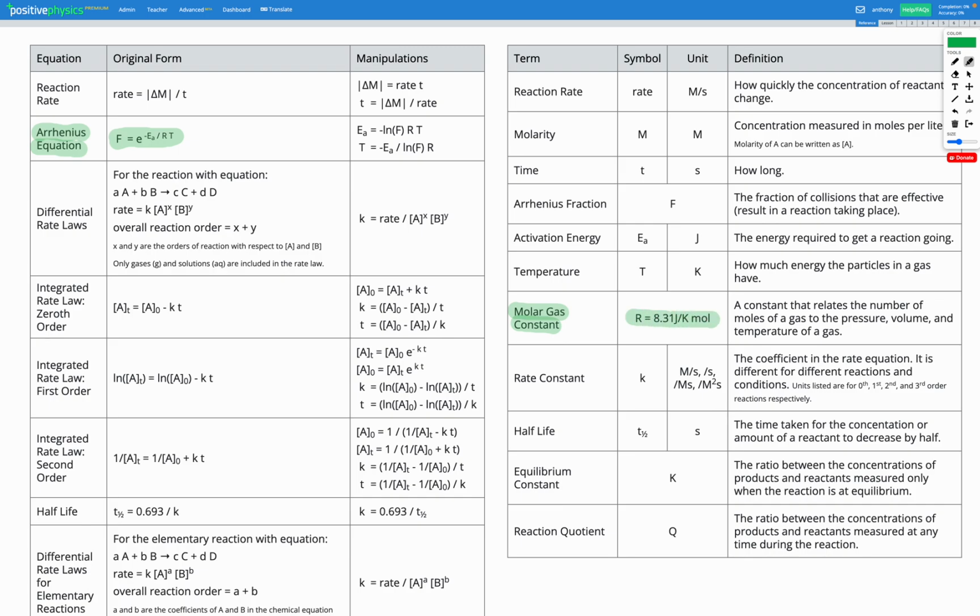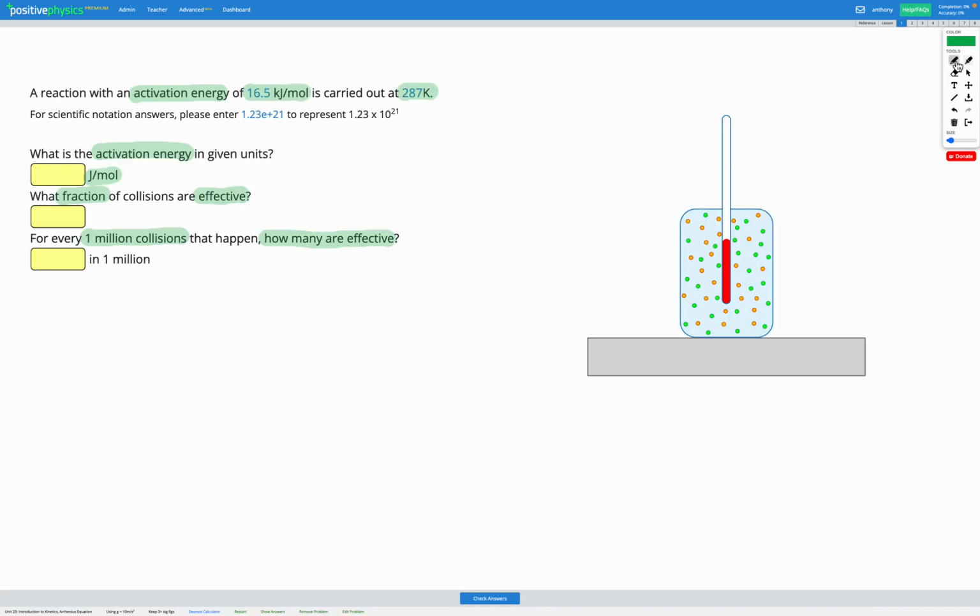So let's go ahead and write down our equation. So the F in our equation, that's the fraction of successful collisions or effective collisions. So that's what we're trying to find here.